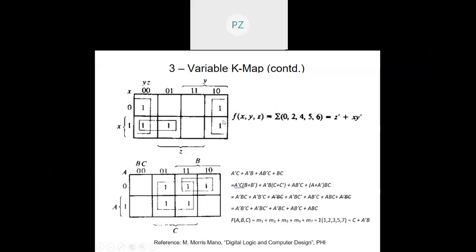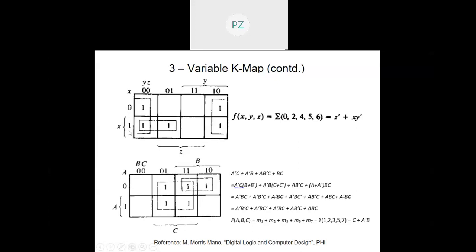So this will be a square containing 4 ones. So that is the largest possible here. So when I combine them, how can I write them? X is varying 0, 1 because this is a square. So X will get eliminated. Now in these two columns, I see that Y is varying, so Y gets eliminated, and Z is constant as 0, so that will be Z bar only.